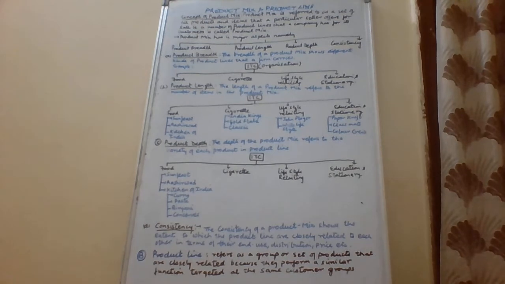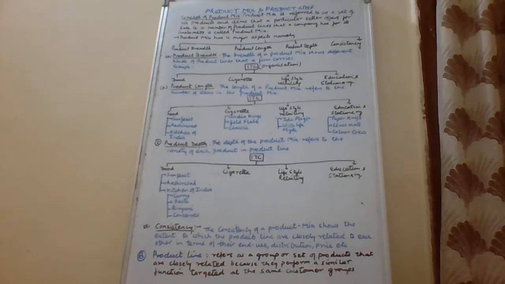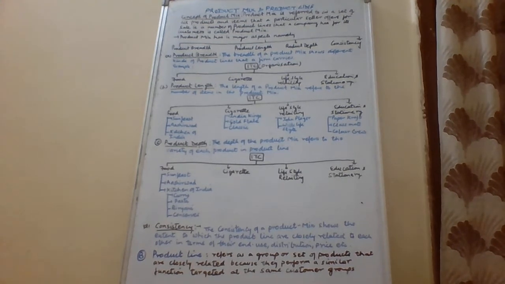So all these product lines, whether it is Maggi Masala, Maggi noodles or Maggi ketchup, they are into one category. So this is what we call the organization's or the company's consistency. Whereas in the case of ITC, the consistency is less, and therefore they are diversified into various unrelated categories.